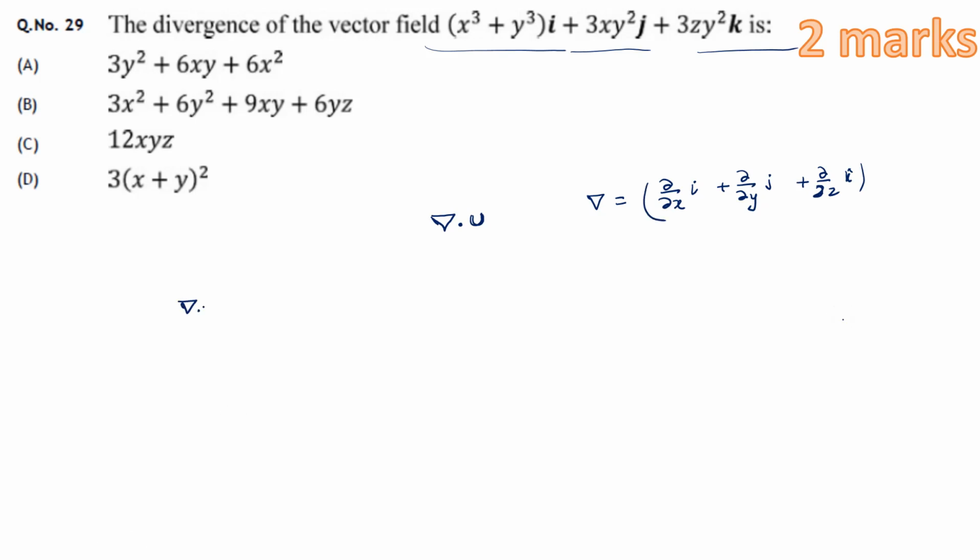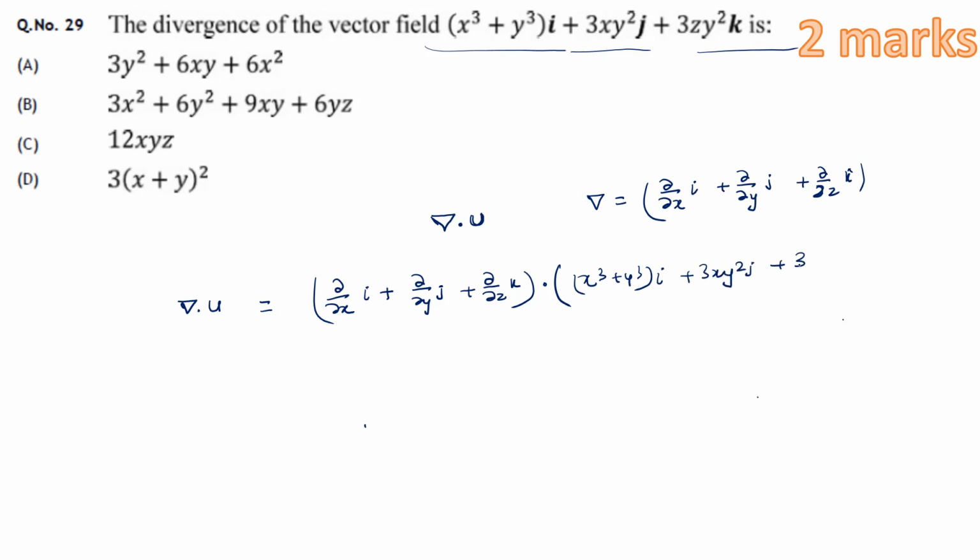So this delta dot u will be nothing but (del by del x i plus del by del y j plus del by del z k) dot ((x cube plus y cube) i plus 3xy square j plus 3zy square k).